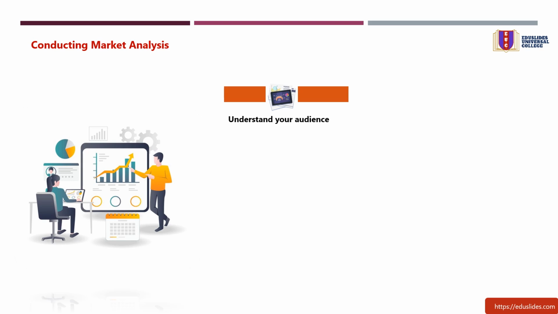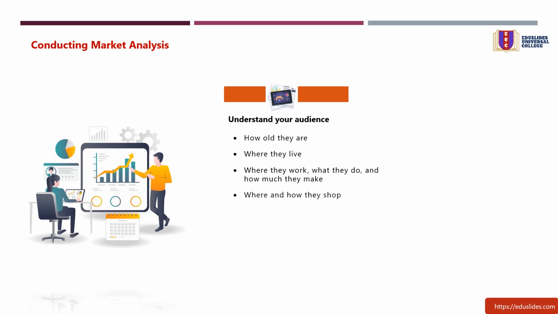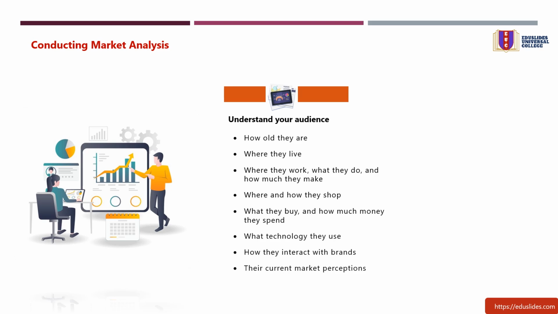When researching your potential audience, you want to know the following: how old they are, where they live, where they work, what they do, and how much they make, where and how they shop, what they buy, and how much money they spend, what technology they use, how they interact with brands, their current market perceptions, their pain points and challenges.